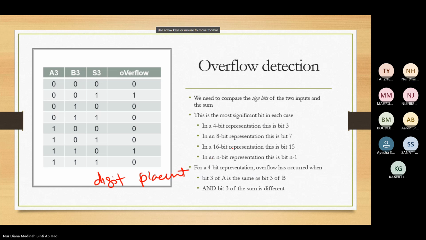How do you find out which bit? You use the formula: if there are n bits, then n minus 1 is the bit that you need to use to compare.